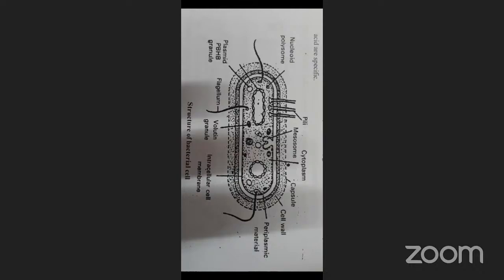So these are the nuclear material. Next one is plasmids. In bacteria, extra-chromosomal segments of DNA are present in the cytoplasm only. They are called plasmids.